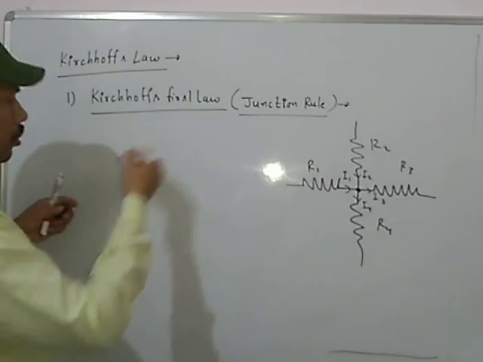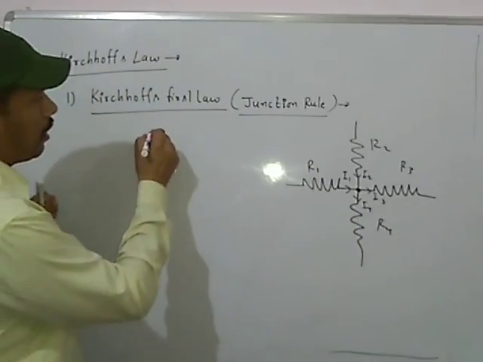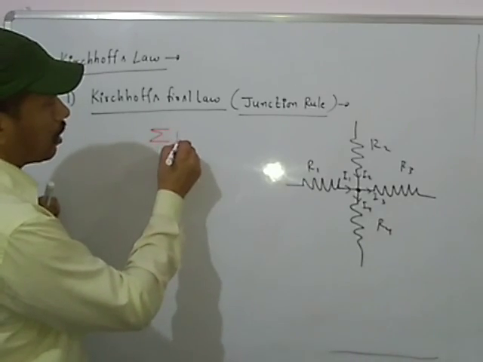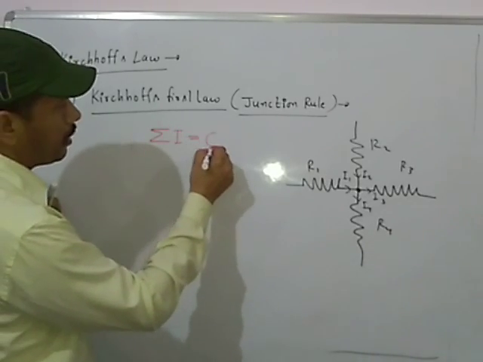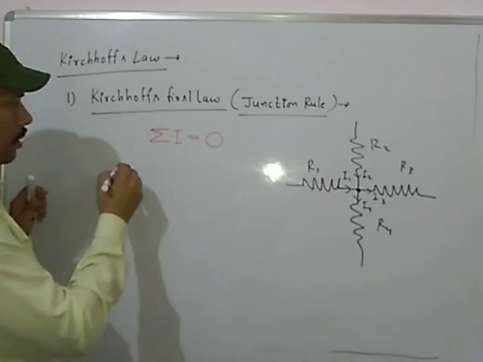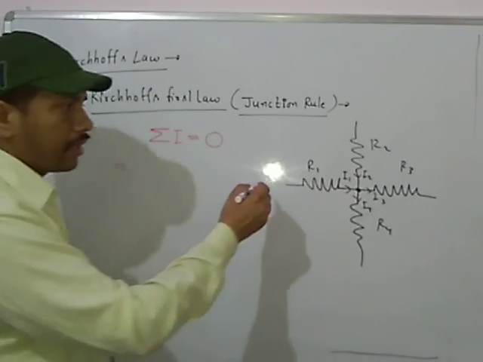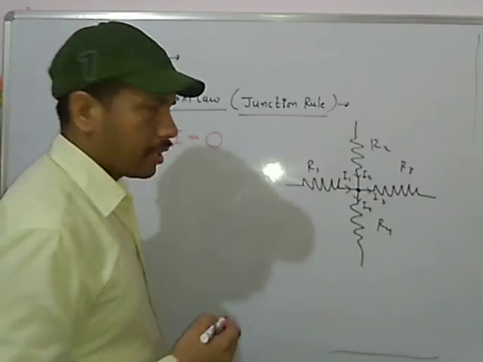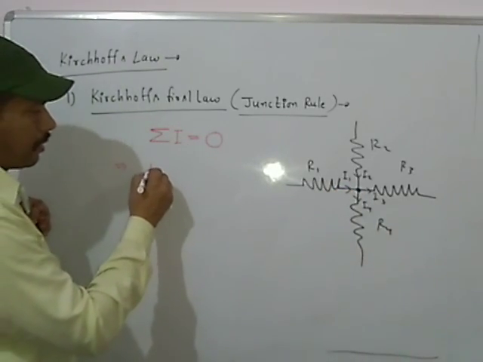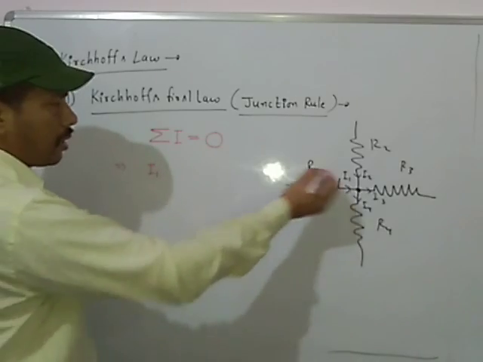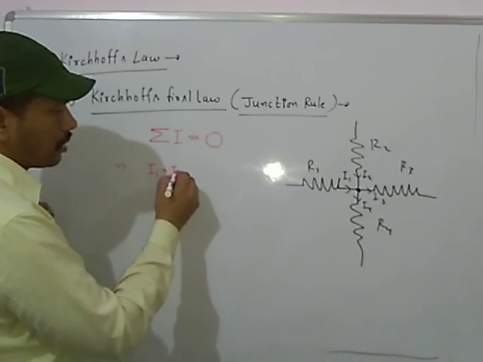Then, as per Kirchhoff's rule, the algebraic sum of the total current at a point is zero. What does it mean? If we take the current reaching the junction as positive, then I1 is positive. Similarly, I2 is positive.